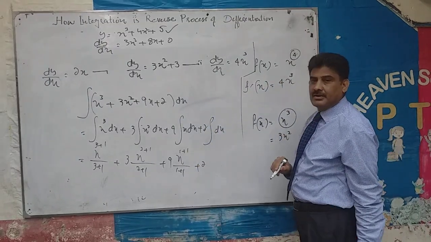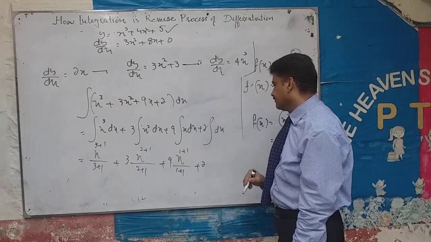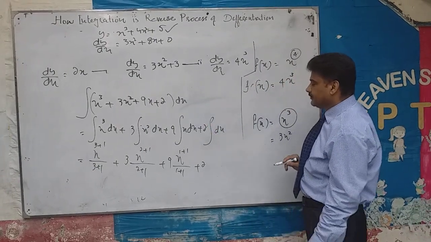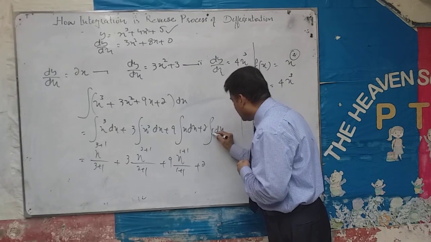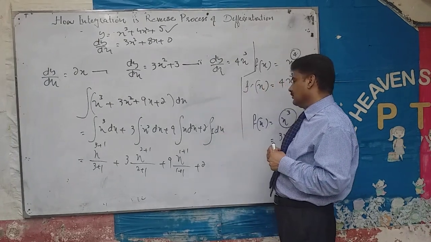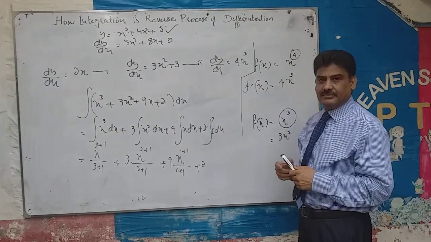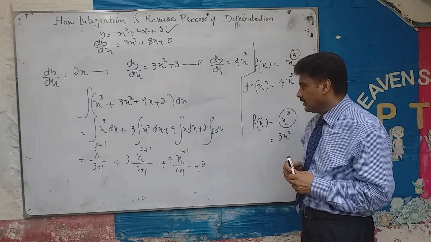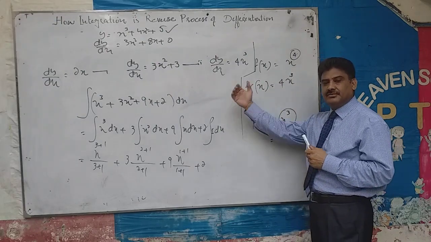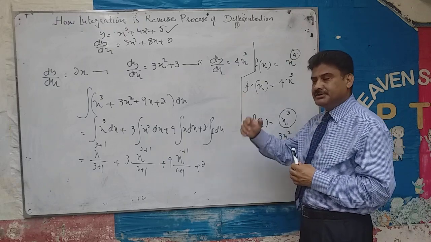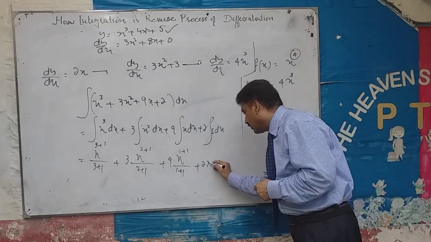The last, integral of dx, we have to check. This is 1. Whose differential is 1? 1 is the differential of x. When we differentiate x, its derivative is 1, and when we take the integral of 1, which is x, we write 2x plus c.